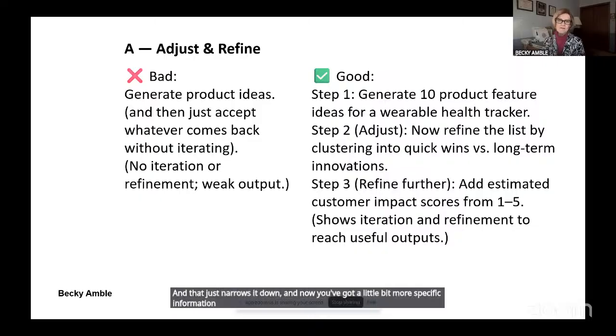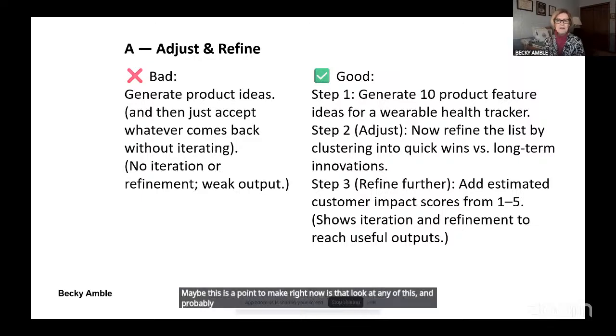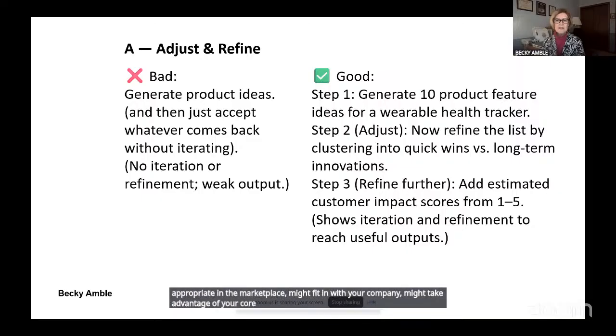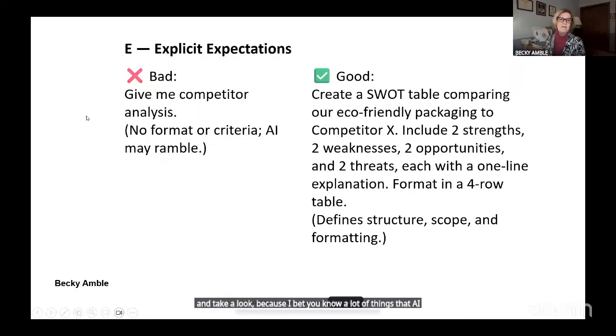Maybe this is a point to make right now: you probably have a fair amount of knowledge about new products that might be appropriate in the marketplace, might fit in with your company, might take advantage of your core competencies and capabilities. So even though you're having AI refine it, you still want to be the final judge, because I bet you know a lot of things that AI isn't going to know that might be more relevant.